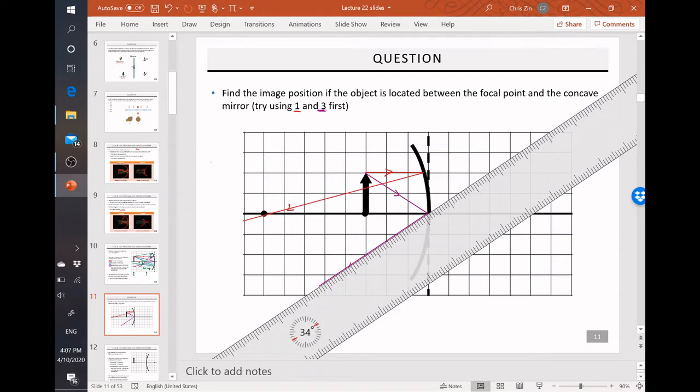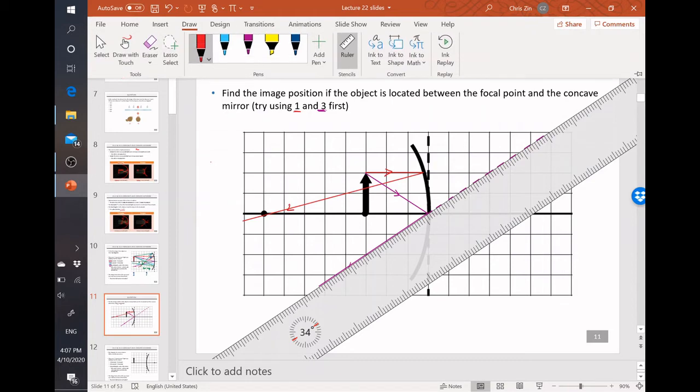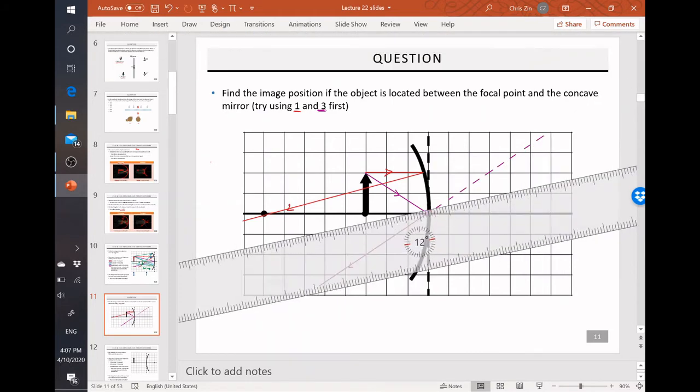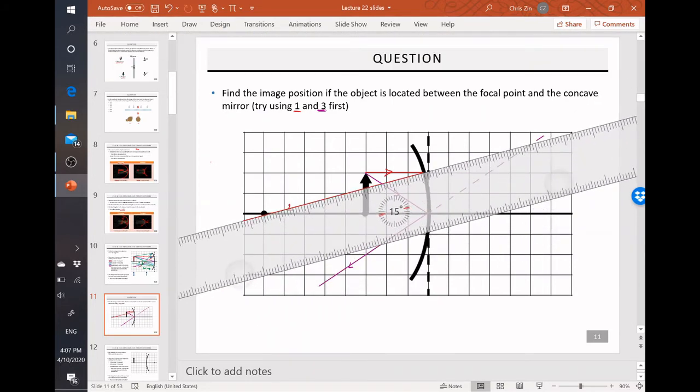We want to trace it backwards from the reflection point in a straight line. And then we want to trace back the horizontal ray, the reflected ray. So we trace back the outgoing ray from the point of reflection in a straight line.